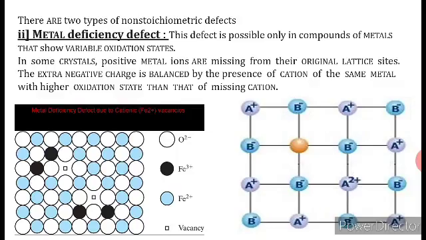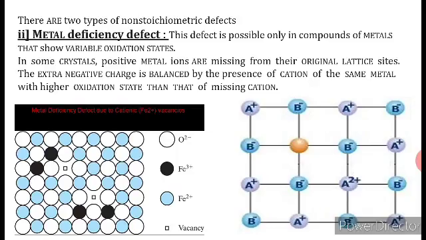In this way electrical neutrality is maintained in this metal deficiency defect by the substitution of the cation of the same metal element with a higher oxidation state.